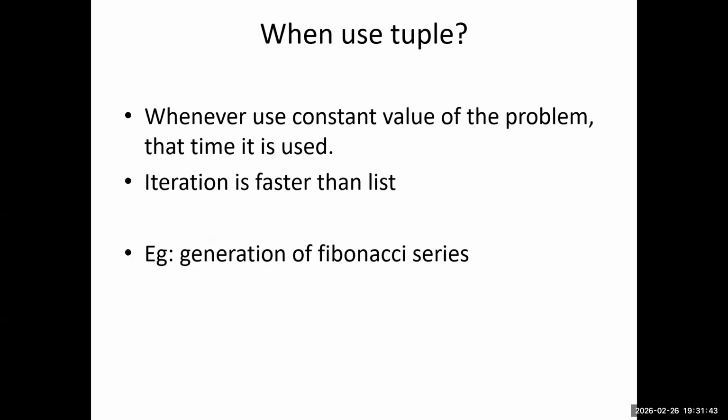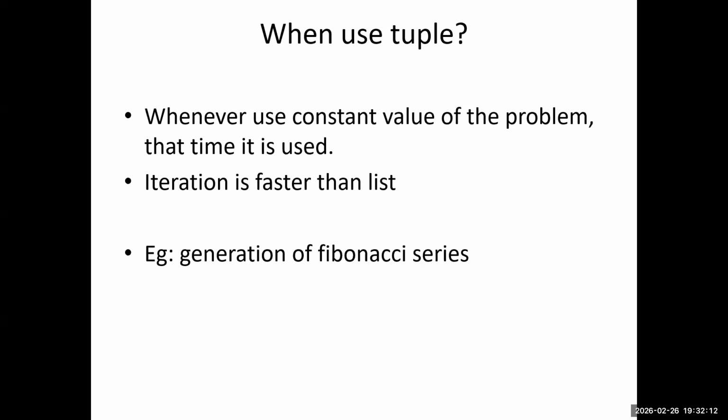I will give a few examples. Wherever you are using constant values, a tuple is used, and the iteration is faster than a list. For example, generation of the Fibonacci series. You know very well about that. The series' initial values are 0 and 1.